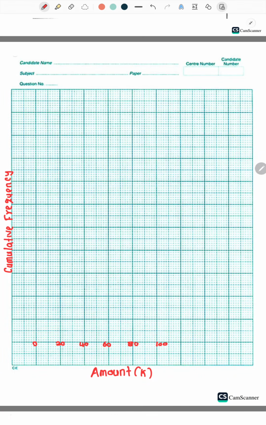So this is going to be in the x-axis. Then I can plot my line.